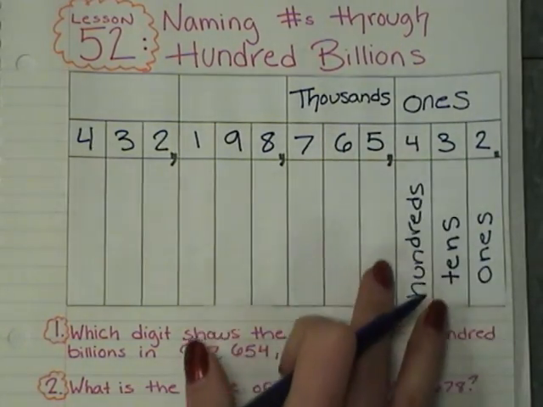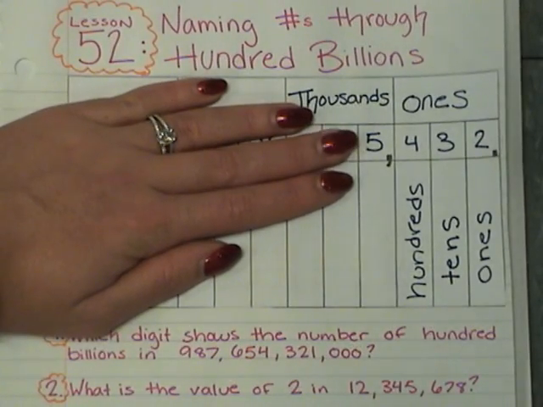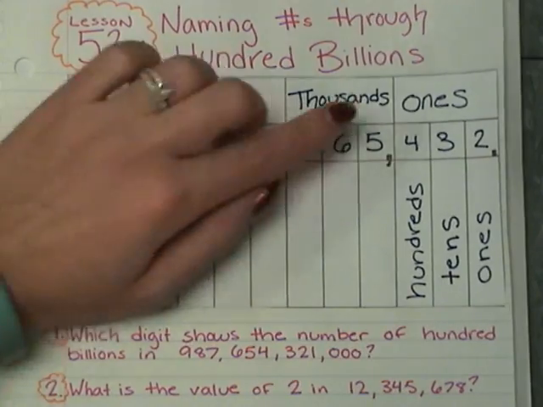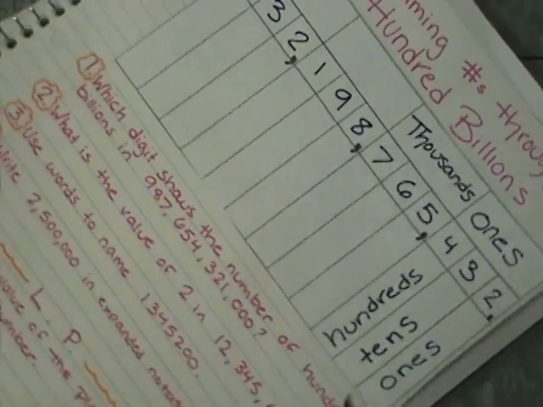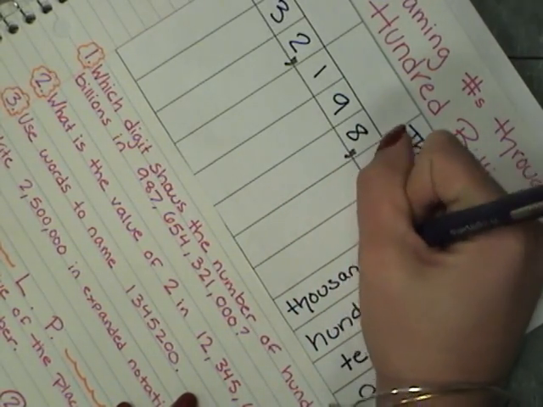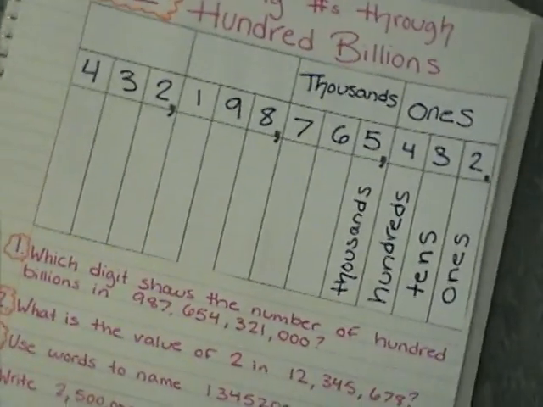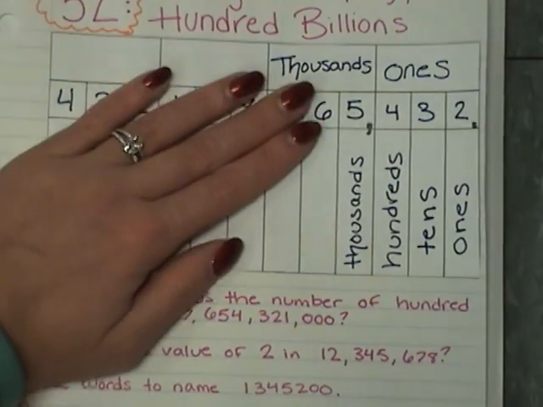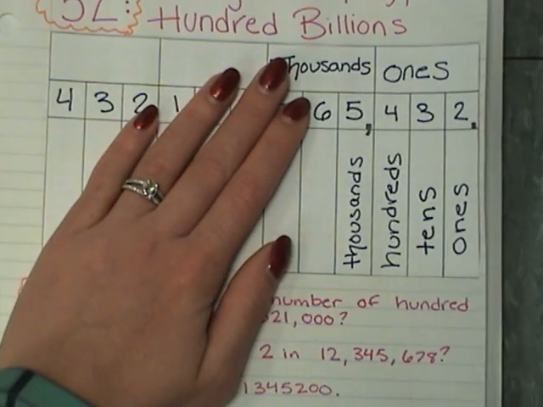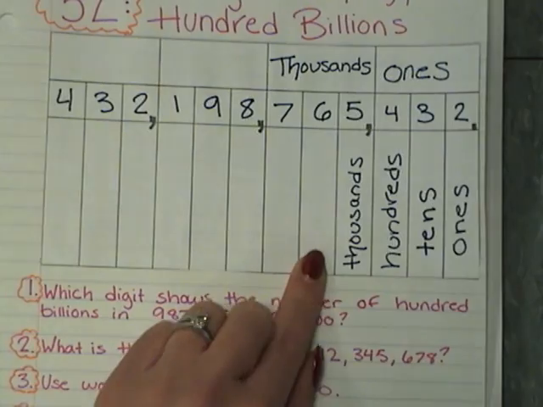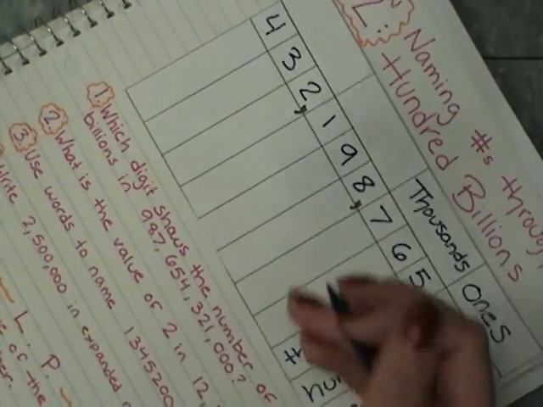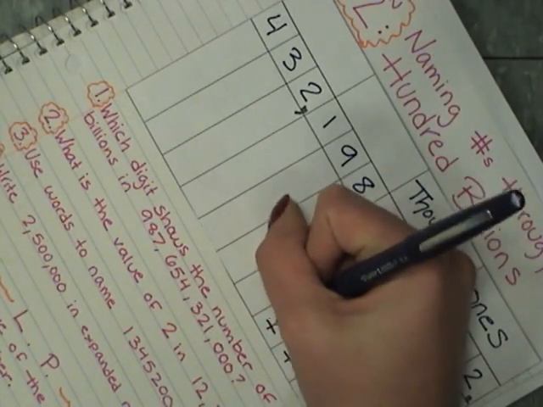So my first column, if you were to read this number, you would say 5,432. So that 5, that's my thousands. All right, and my next column, now I have 65,432, and this is my 10,000s, my 10,000 place value.